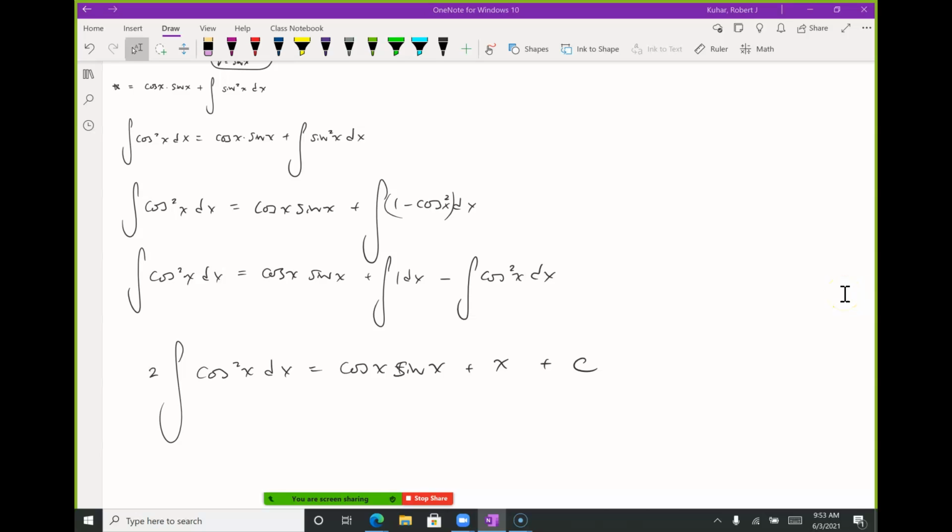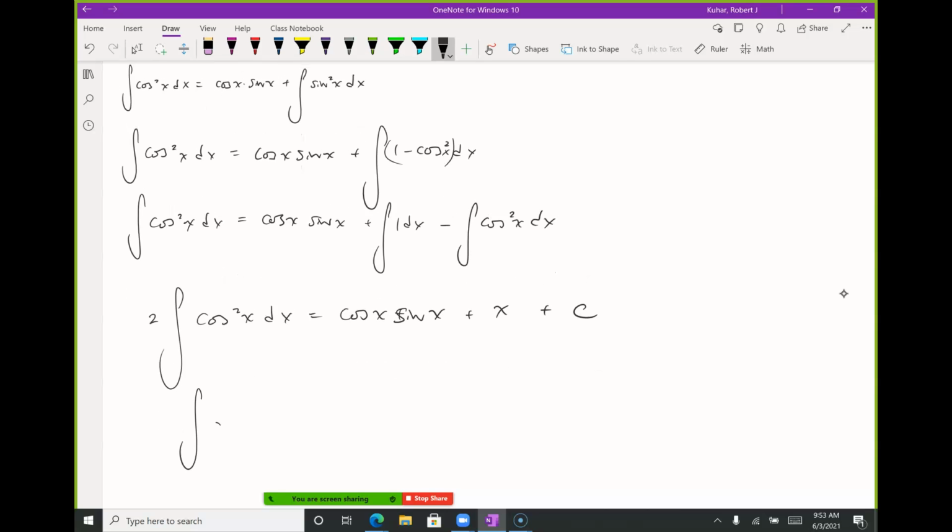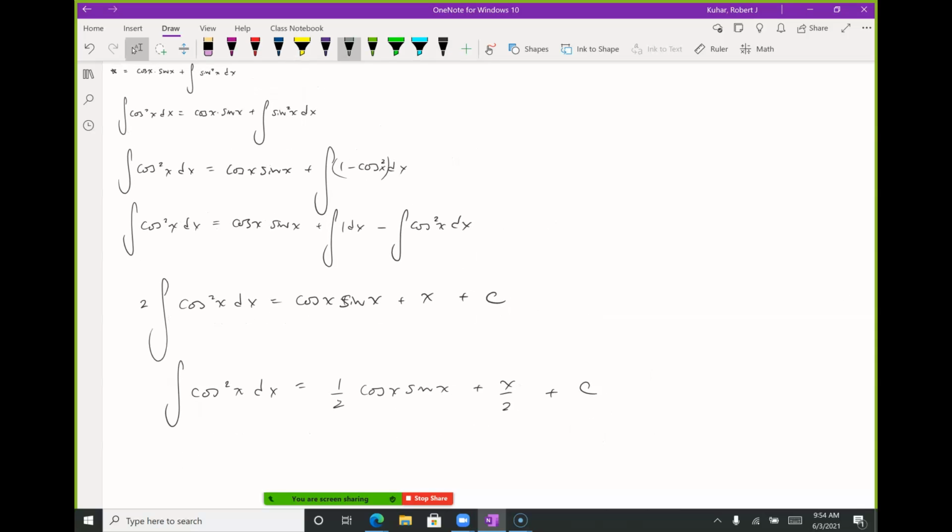So now I divide by 2. I don't care about dividing the constant by 2, right? If I divide my constant by 2, then it's still a constant, and I just rename it c or k or whatever you want to do. So I get the integral of cos squared x dx is 1/2 of cos x sine x plus x over 2 plus c again. And it's almost what I had before, but what I do is I multiply this guy by 2 over 2.